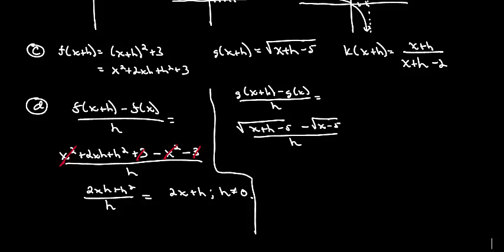Now, you could stop here if you needed to, but the trick that you're going to be doing in the next couple sections is to multiply top and bottom by the following. Oops, not over h.